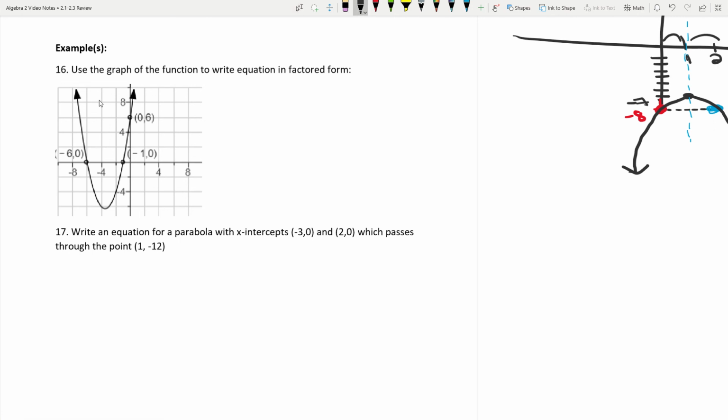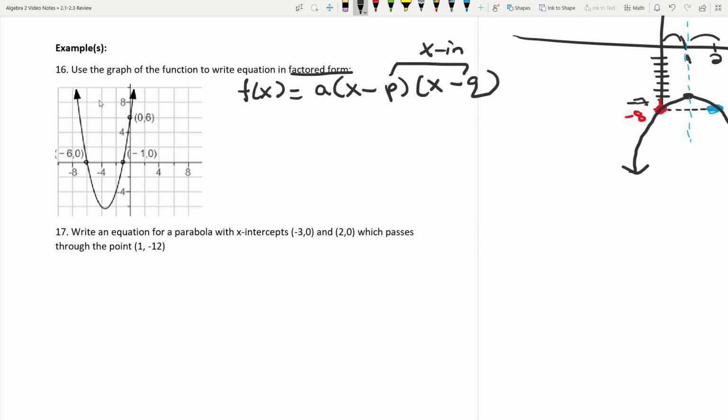For factored form, remember that an equation in factored form looks like f of x equals a times x minus p times x minus q. If we want that in factored form, remember that p and q are x-intercepts, right? So all we have to do is find our x-intercepts on here.